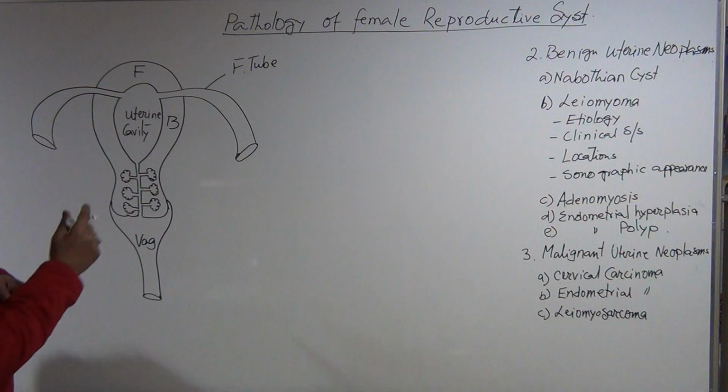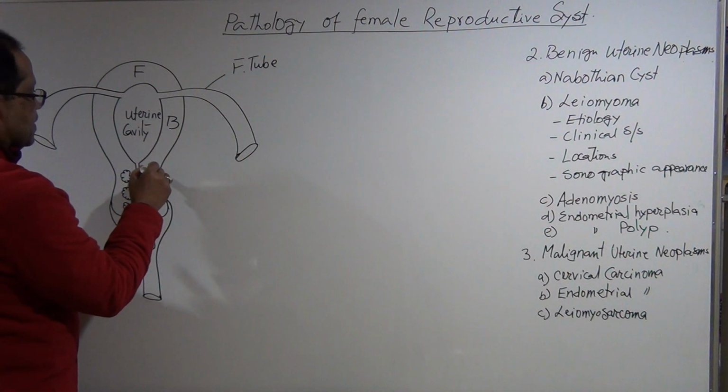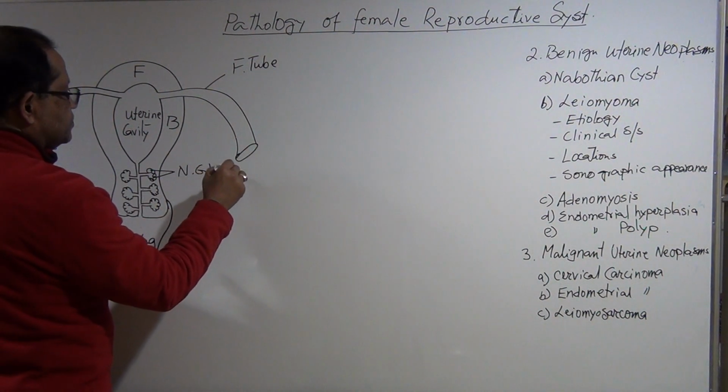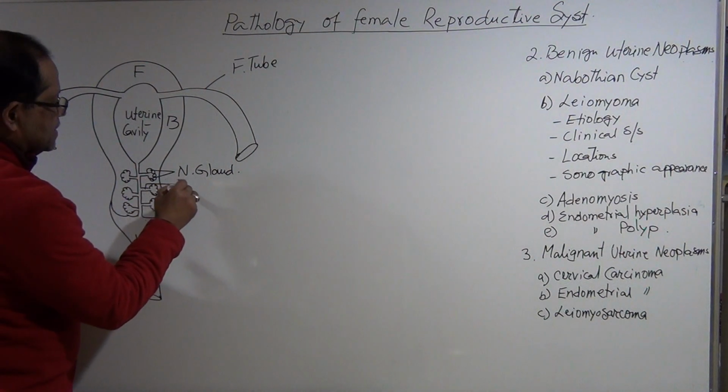Okay, so now this is the Nabothian gland, and this is the duct.